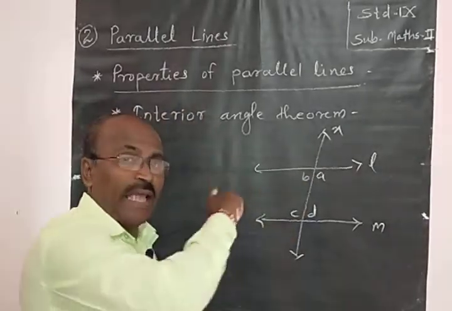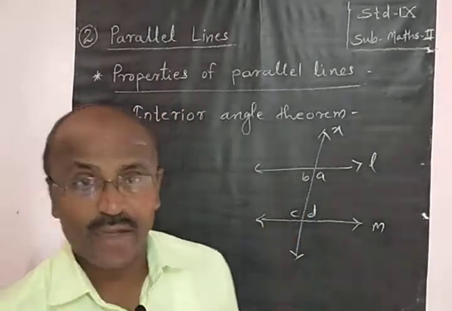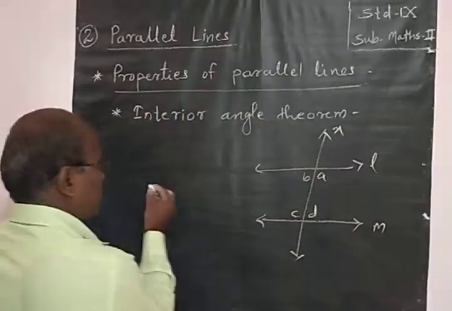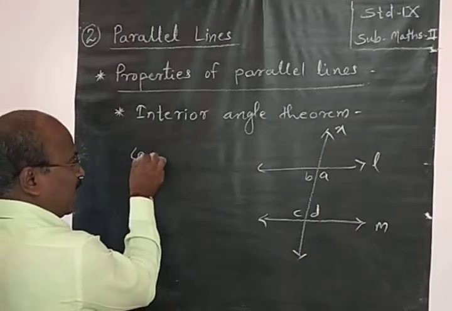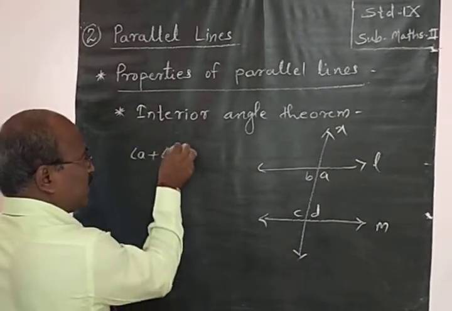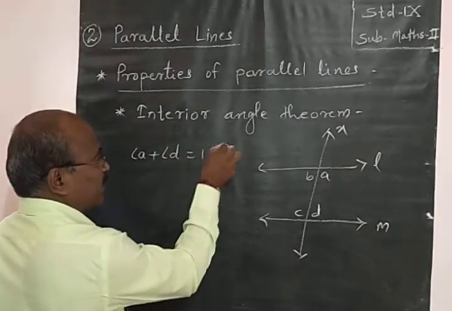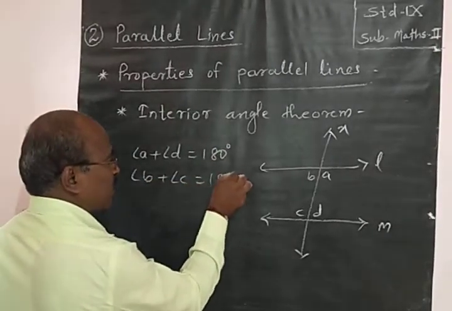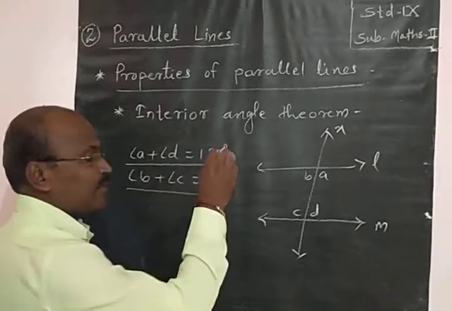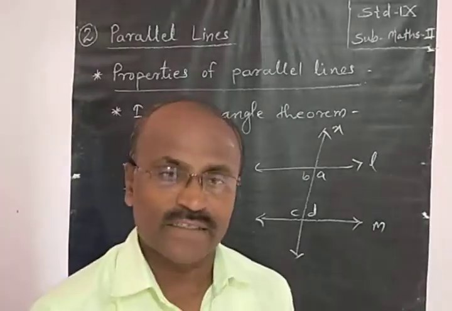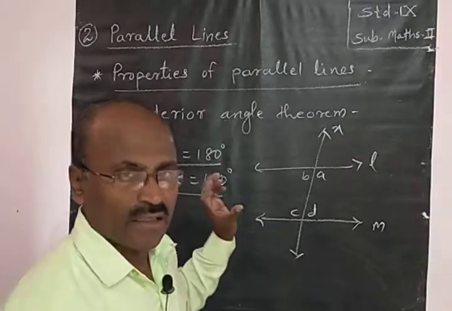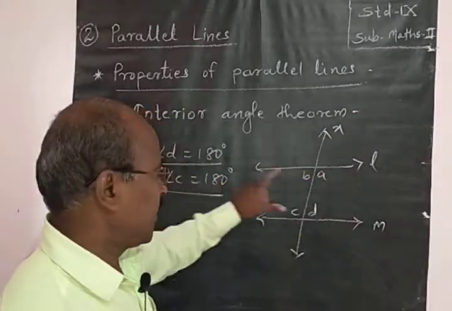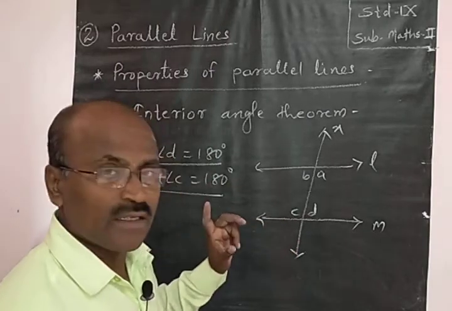The interior angles on either side of the transversal are supplementary. That means angle A plus angle D is equal to 180 degrees, and angle B plus angle C is equal to 180 degrees. Supplementary means the sum of the two is 180 degrees.